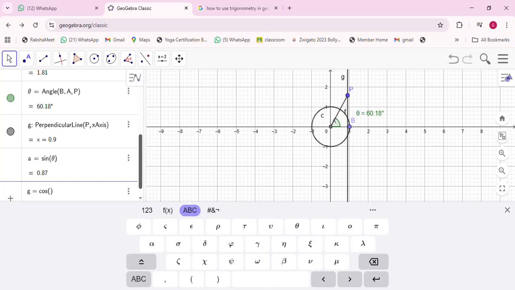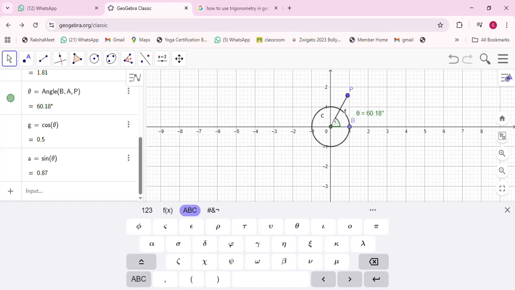You can see here cos theta is 0.5. As you are aware, cos 60 is half, so 0.5. So no need to find it with the calculator. So cos theta is half, 0.5. Again I can make changes in the angle and see the sine and cos.